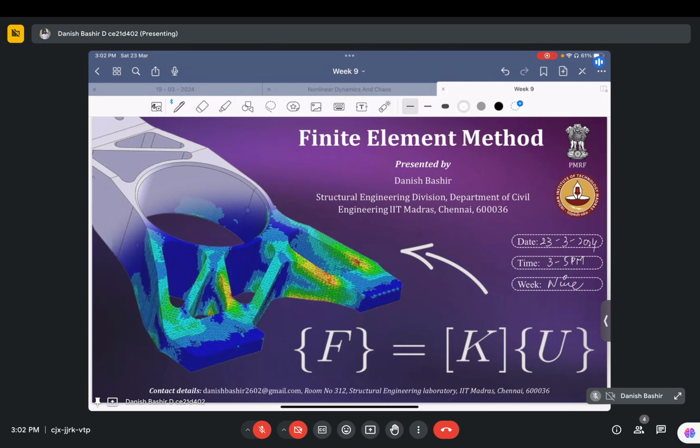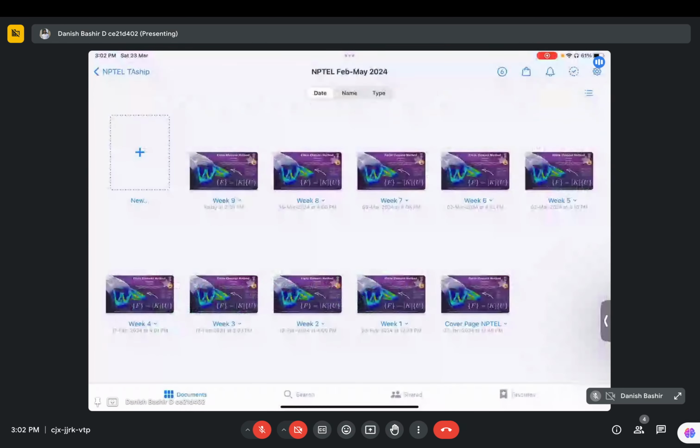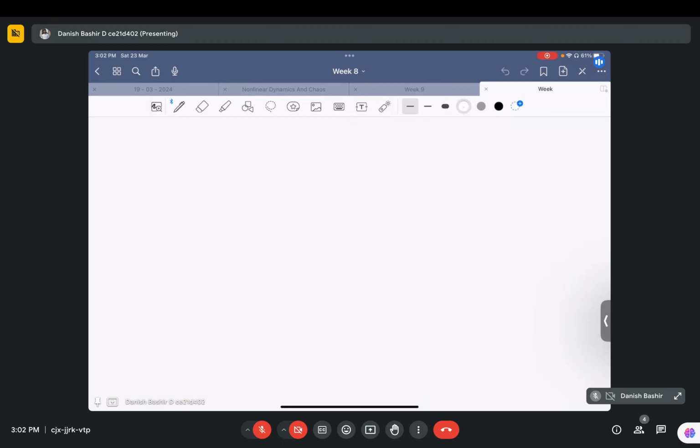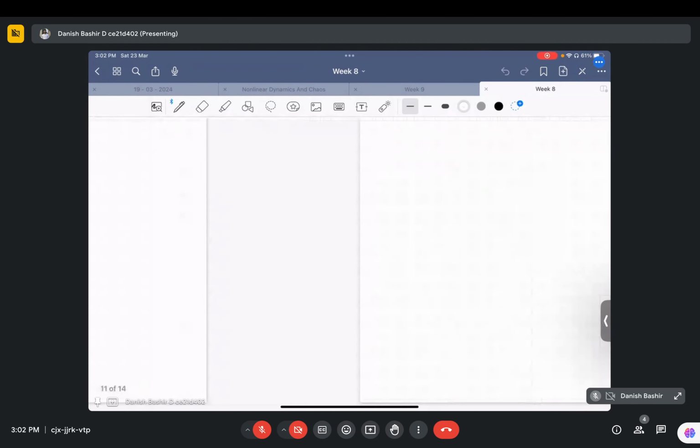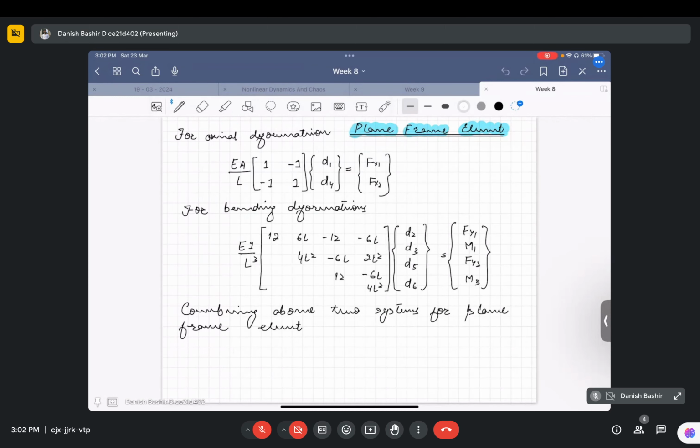It is just the case of bar element plus beam element gives us the plane frame element. Let me see that in week 8. Here we saw the week 8 plane frame element.